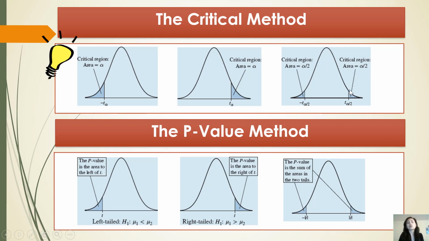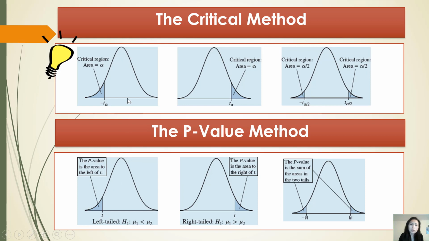And for two tail, the critical region are two sides on the outside of the interval formed by the two critical values. For the p-value, we have to compute the test statistic. For the left tail, the p-value is the area to the left of the test statistic. For the right tail, the p-value is the area to the right of the test statistic. And for the two-tail test, the p-value is the sum of the areas in the two tails.